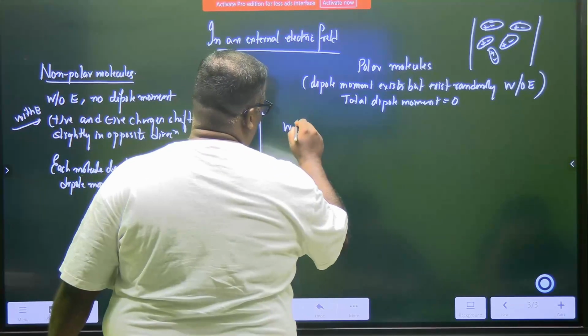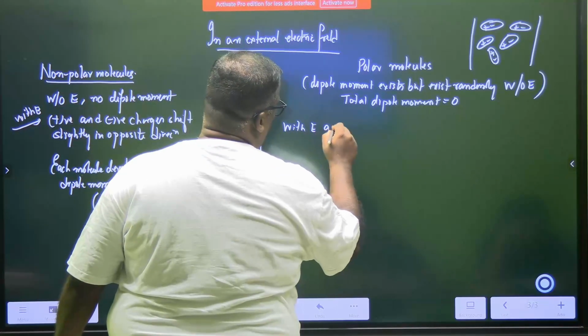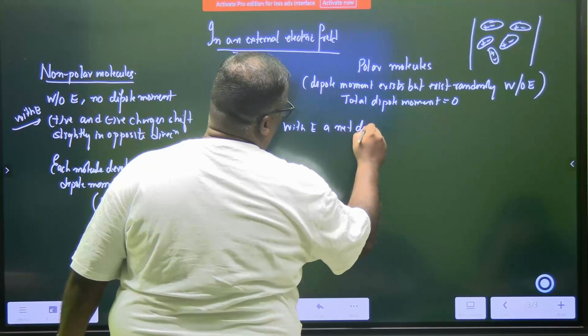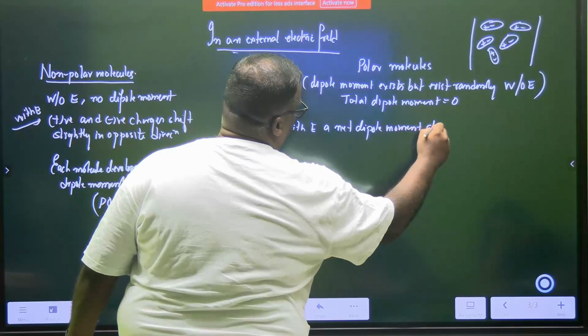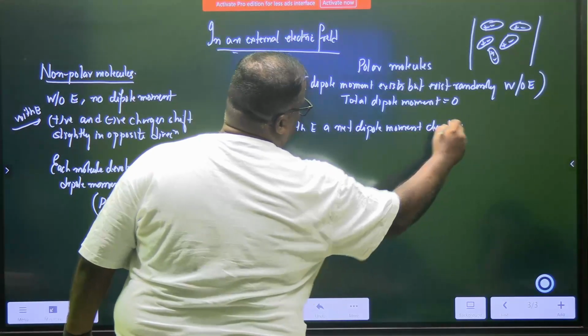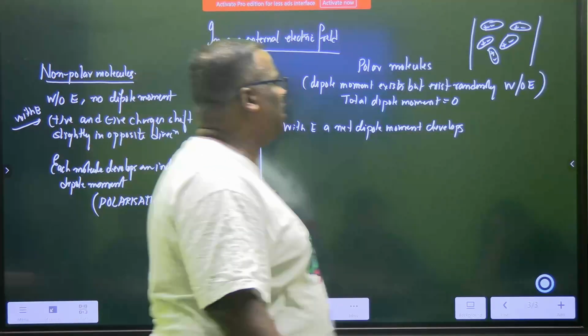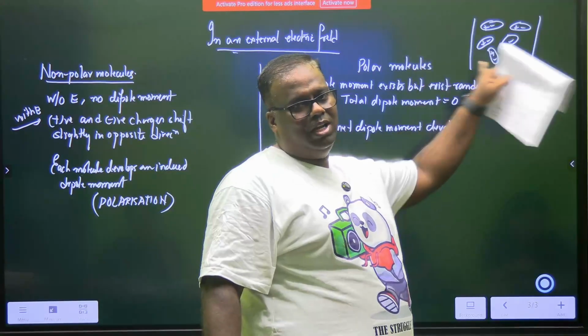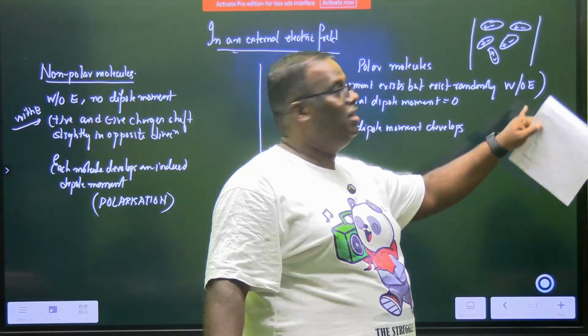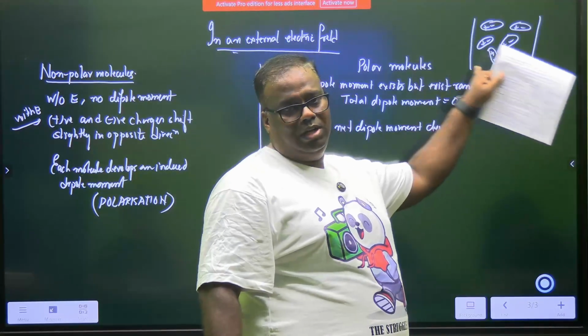With E, a net dipole moment develops. Just like conductors. In conductors, imagine these were like free electrons moving randomly. You gave the electric field, they got aligned in one direction. Now you gave an electric field, they will get aligned in one direction.